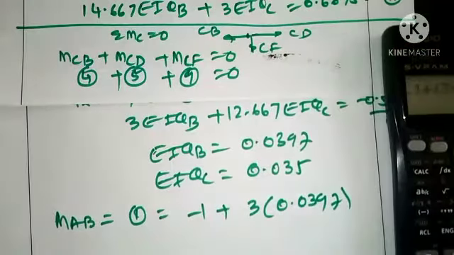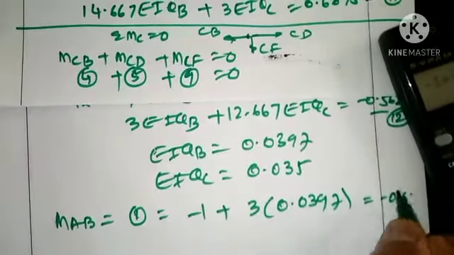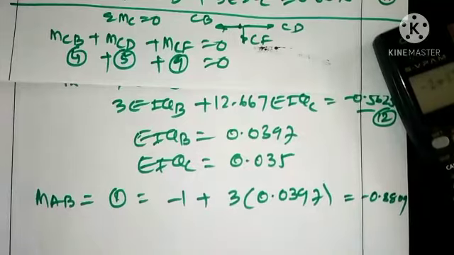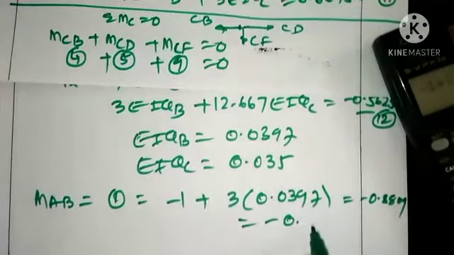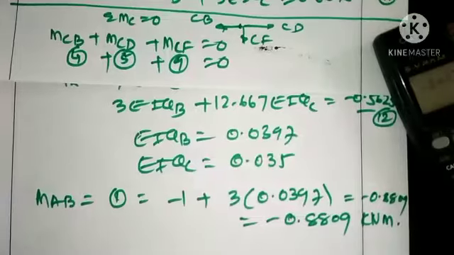which will be minus 0.8809 kilonewton meter.